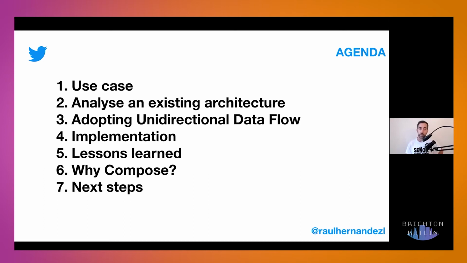You can still use unidirectional data flow, and that's the point. Then some implementation details, and some lessons learned, which is probably for me the most interesting bit of this presentation, and why Compose can be a choice that matters to us on Android specifically. And finally, we have some next steps.